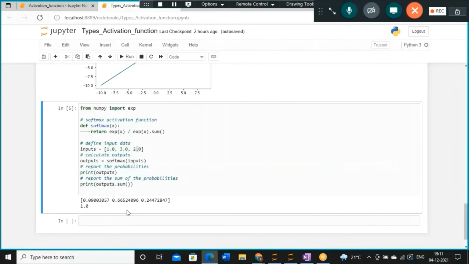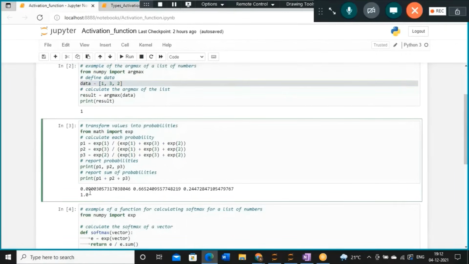Among 1, 3, 2, the more important value is 3, for example. So it will try to assign the maximum weight to the index value of 3. So now we have to understand the concept of maximum weight assignment. Then only can we understand the meaning of this 1.0. Here also you are getting the same answer, that is, after getting the probabilistic output you are getting 1.0.